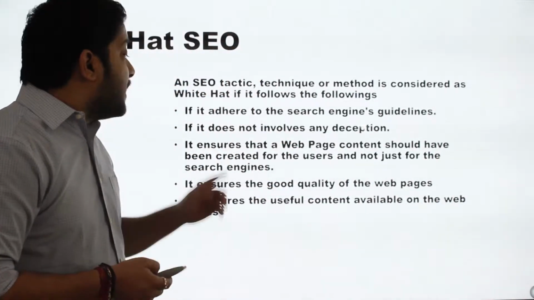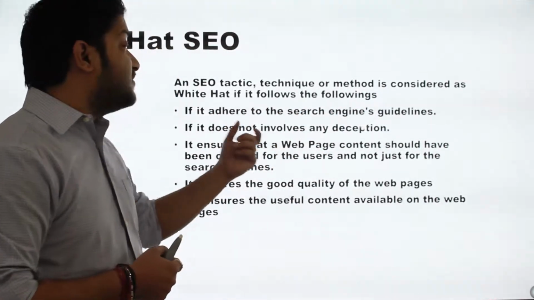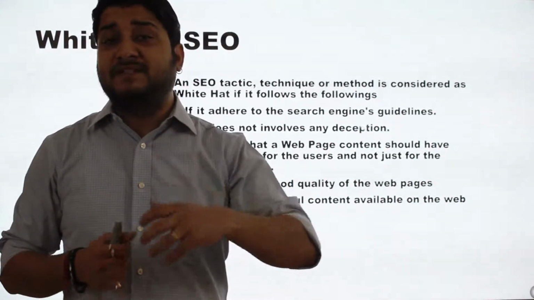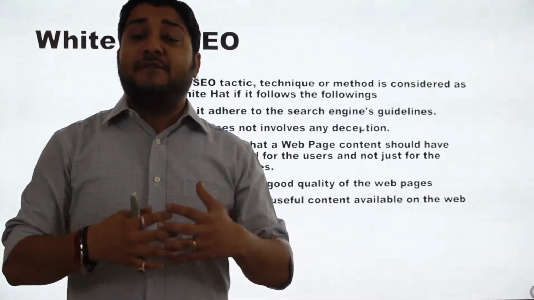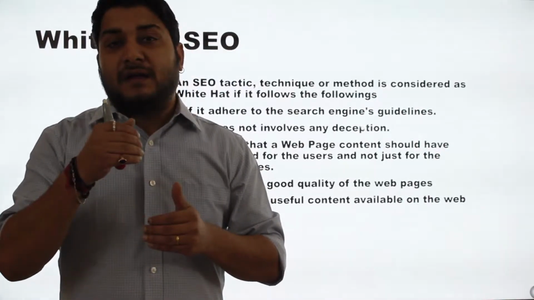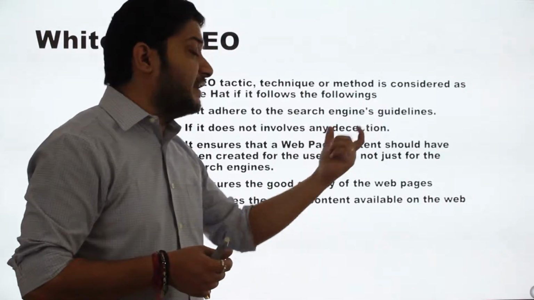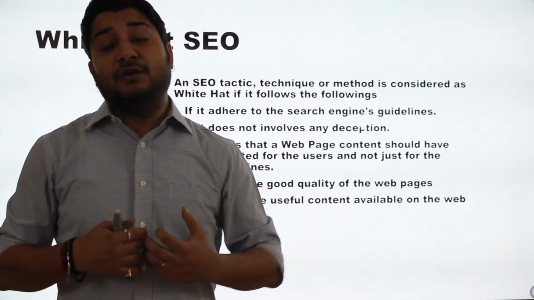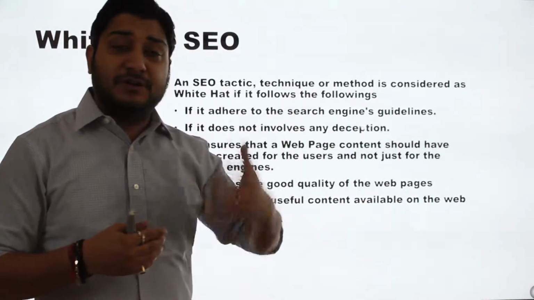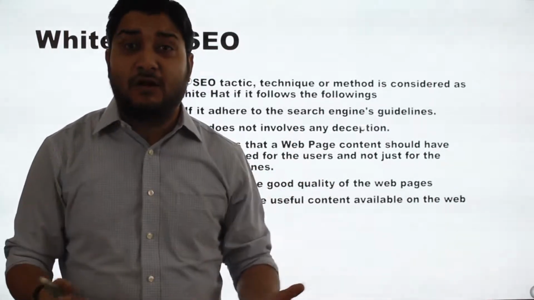So let's start. The first one: it adheres to the search engine guidelines and does not involve any deception. The search engine constantly does audits across the World Wide Web to give a better user experience. If they find that your website is deceptive, you're not Apple but you're trying to be one, then during the audit you will be caught, and you'll be thrown out of the search engine algorithm.